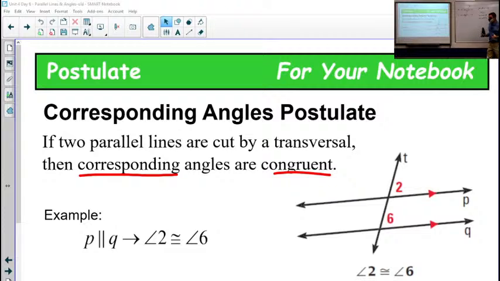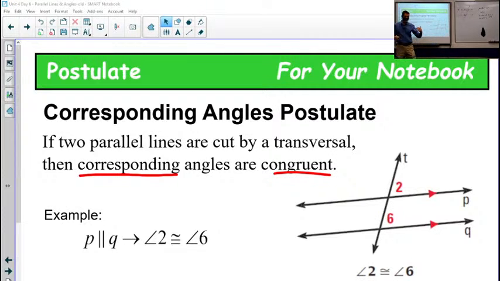And corresponding angles are angles that are in matching spots in those groups, in the same place in both of the groups. So 2 and 6 are corresponding because they're both in the same spot in each of the groups. In this group of angles, angle 2 is on the top right. There it is. And in this group, angle 6 is on the top right. So they're both on the top right of each of their groups, and so they're corresponding angles.